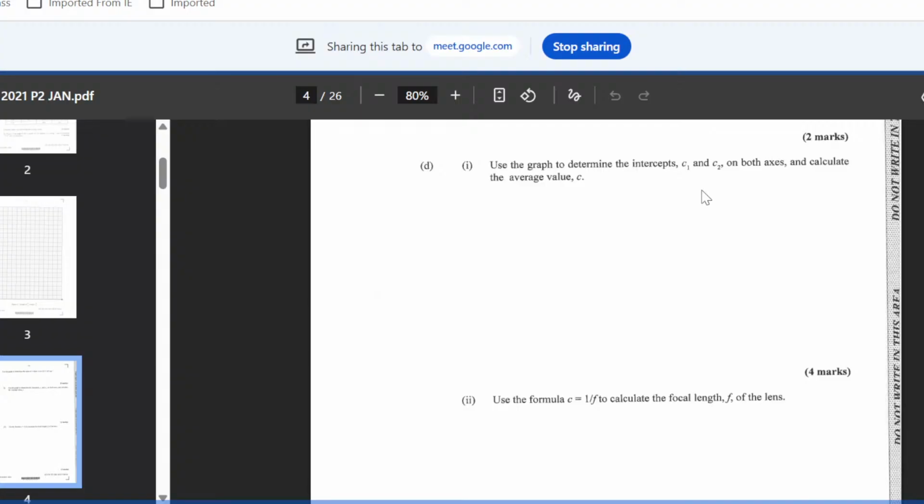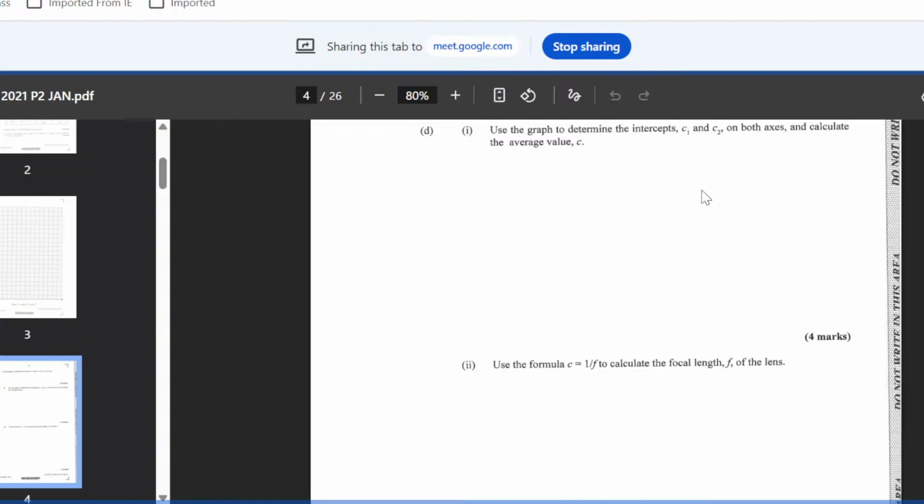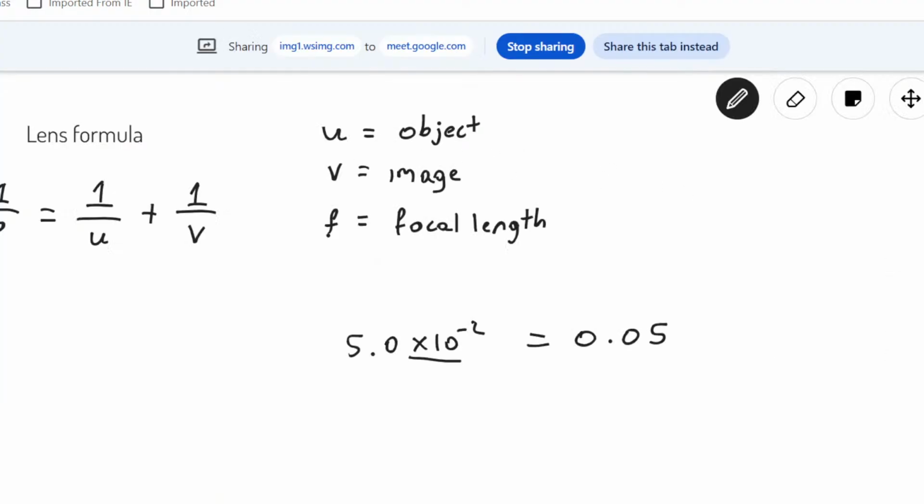And then they gave you a formula. You'd have to use what you just did to calculate 1 over f. So use the formula C equals 1 over f to calculate the focal length of the lens. Alright, so what was C again?